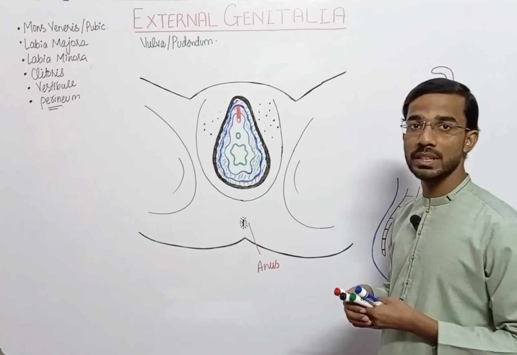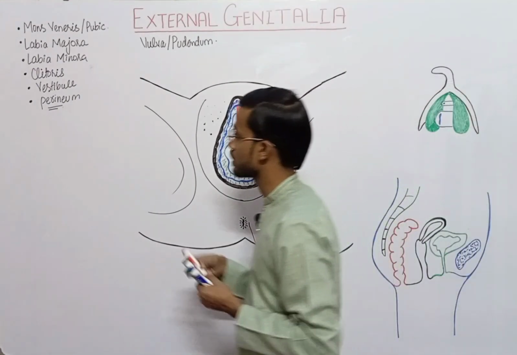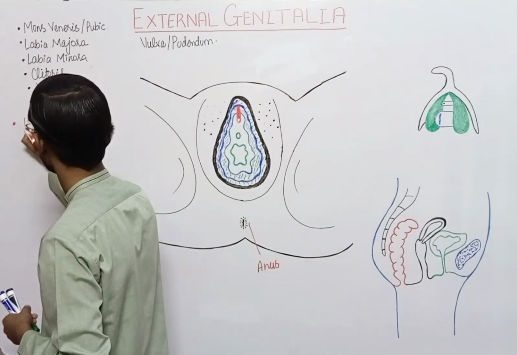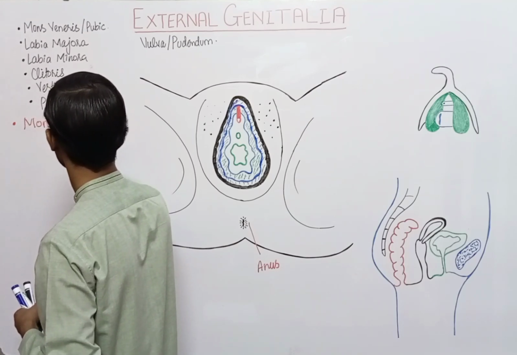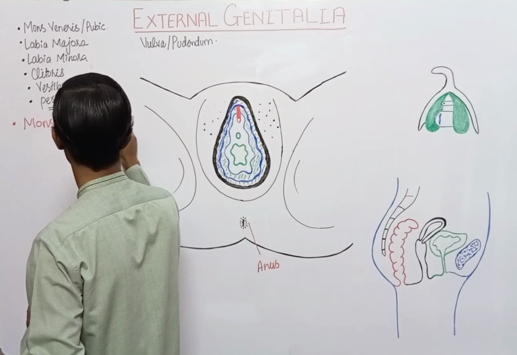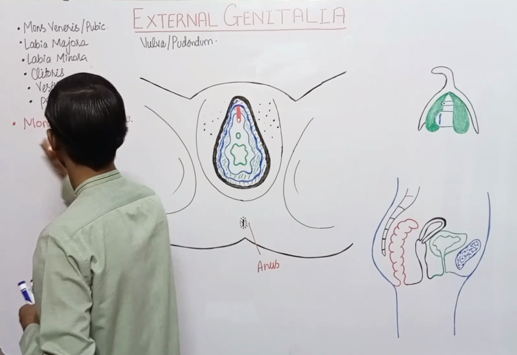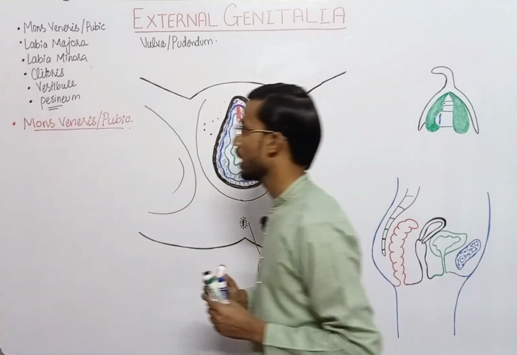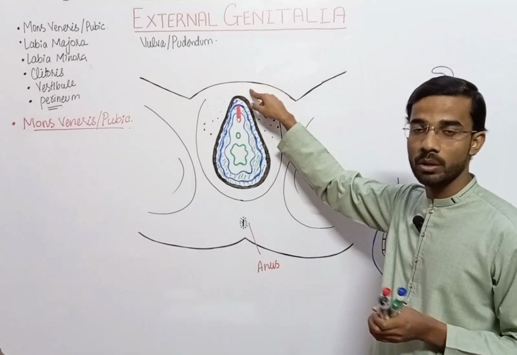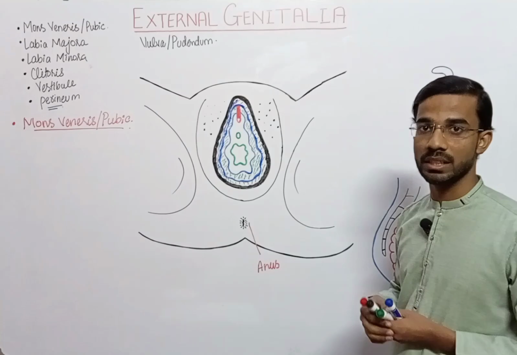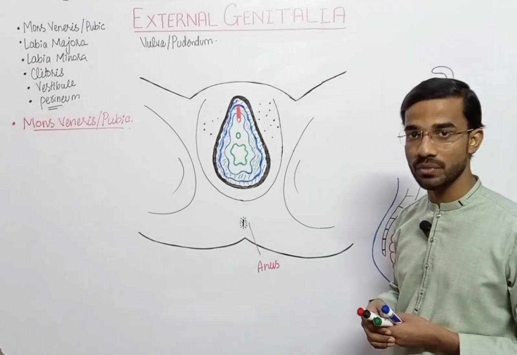First of all we will discuss the mons veneris, or pubic. The uppermost part of the female external genitalia is called the mons veneris.